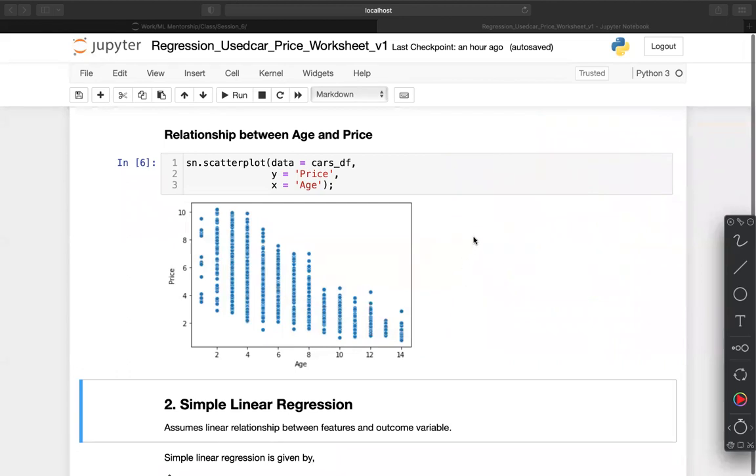So if you write it again, 1 by n summation of (yi minus yi hat) whole square. So this is called a squared error, and because we are taking the average of it, this particular error is called the mean squared error.